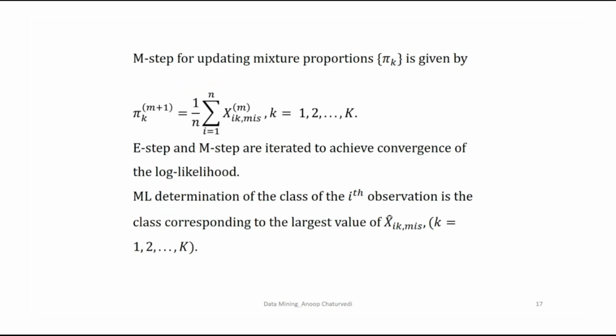Then the M step for updating mixture proportions pi_k is given by, say, pi_k(m+1) is equal to 1 upon n, summation i equal to 1 to n, x_ik missing m. We take average of all x_ik missing m.